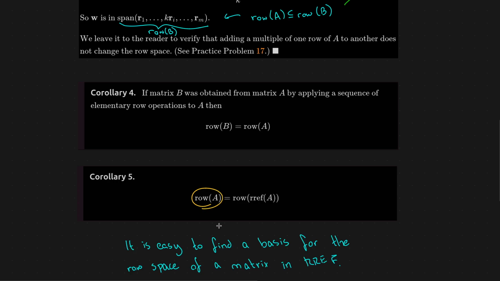So generally, if we want to find the basis for a row space, we will take the matrix and transform it into its reduced row echelon form. And from there, we can easily identify a basis for the row space.